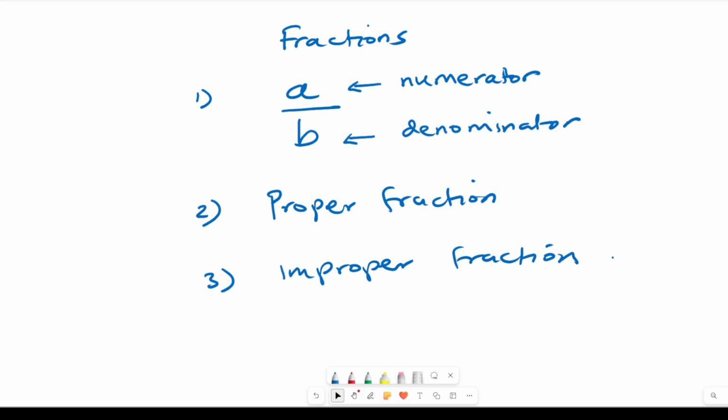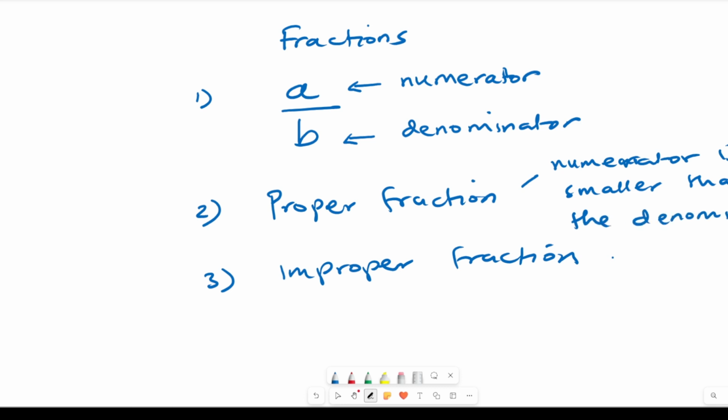So what are the differences? A proper fraction is simply a fraction where the numerator is smaller than the denominator. Okay? Numerator is smaller than the denominator.